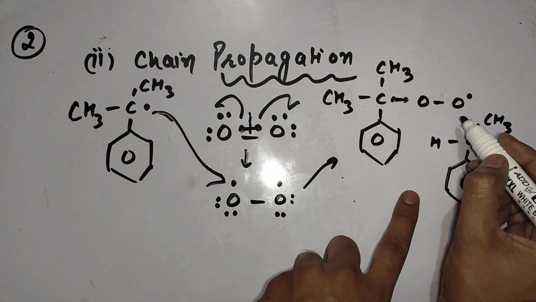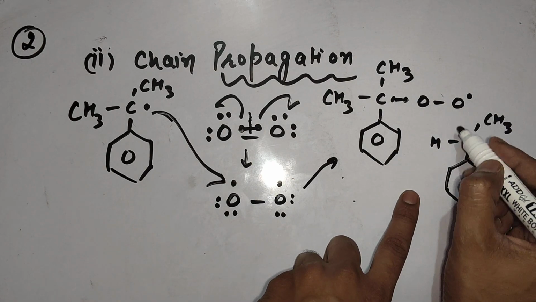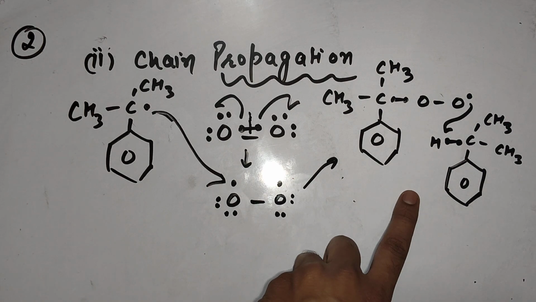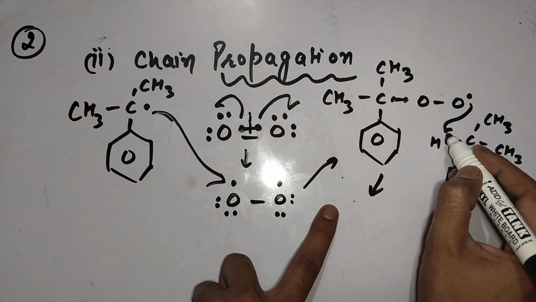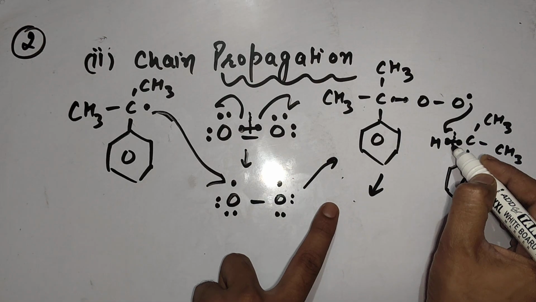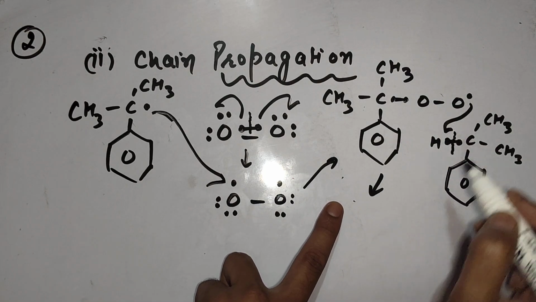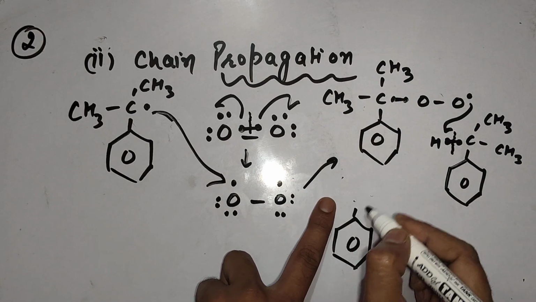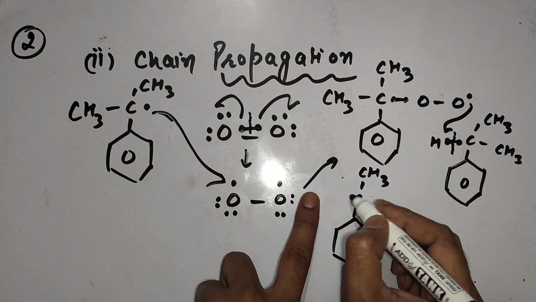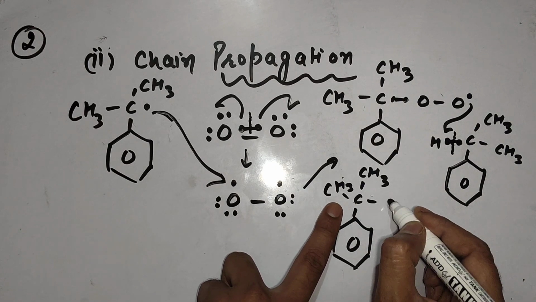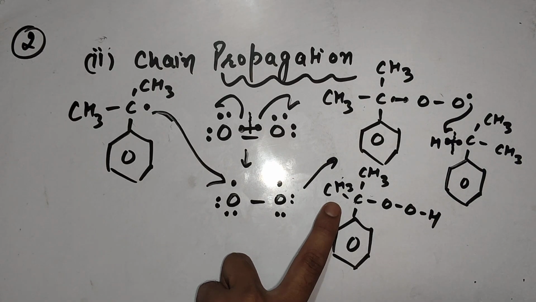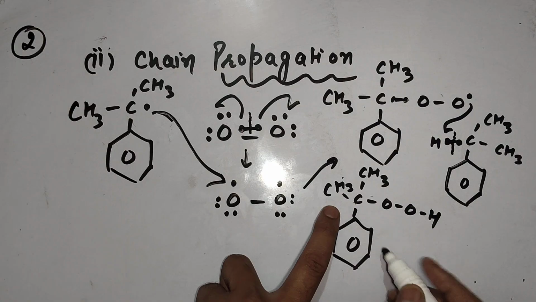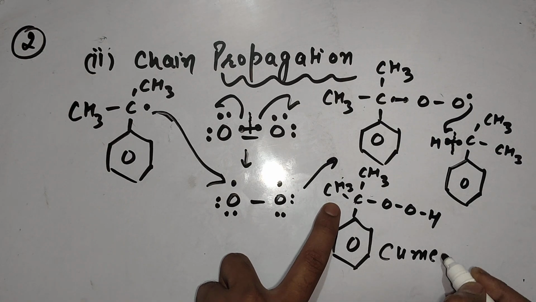Now this oxygen carrying an unpaired electron will again attack this hydrogen, and this carbon-hydrogen bond will break like this. The unpaired electrons will stabilize each other. So we will get finally, this oxygen-hydrogen bond will generate by an unpaired covalent bond. What is this? This is cumene hydroperoxide.